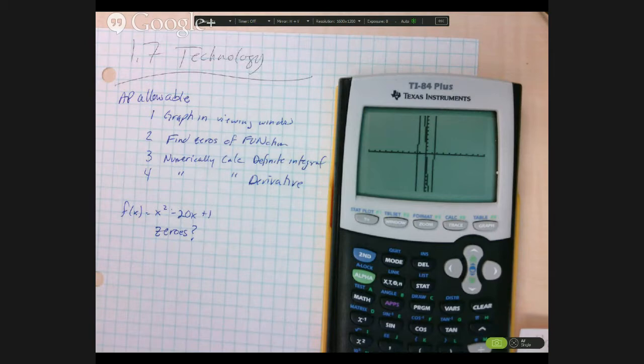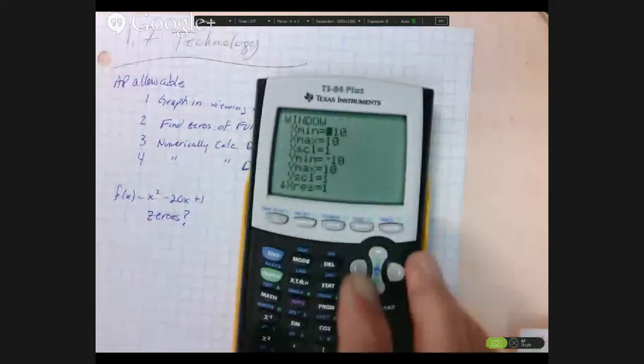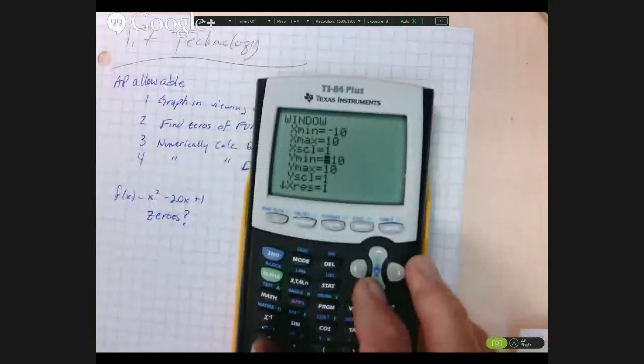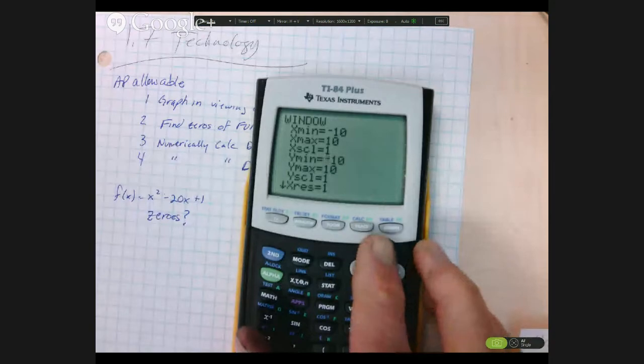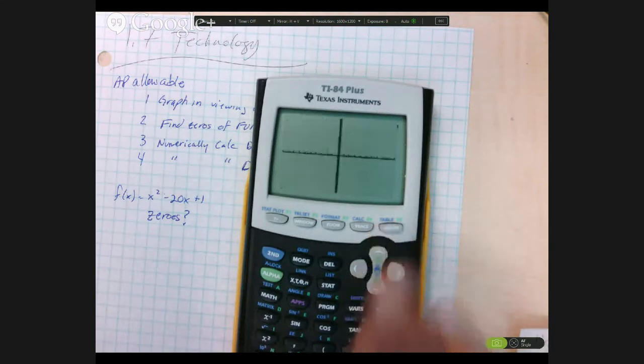How can we make it more friendly? It stretches really high, correct? So let's change our window: let's say our y max and min are 100 and negative 100, and regraph it.